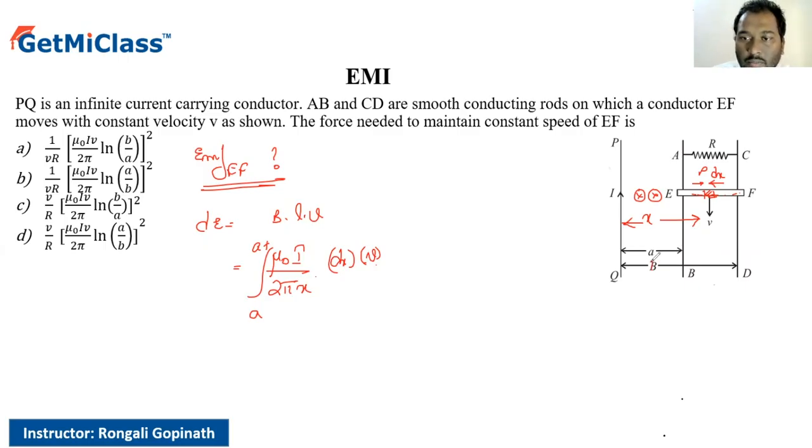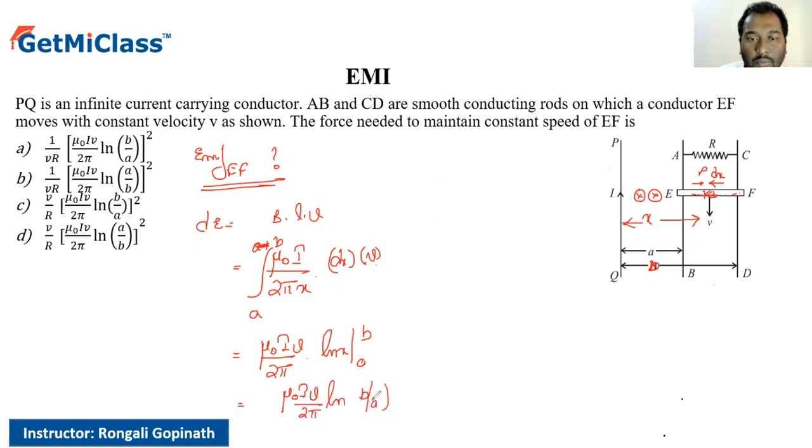Yeah, this is B, right? A to B here. That would be mu naught IV by 2 pi into ln x from A to B. That is mu naught IV by 2 pi ln of B by A.